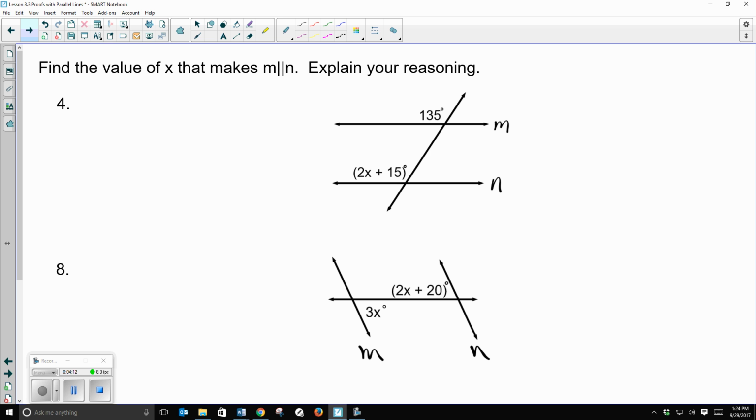So if they're corresponding angles, they would have to be congruent for m and n to be parallel. So all I had to do is set 2x plus 15 equal to 135 to see what value of x would make those two lines parallel.